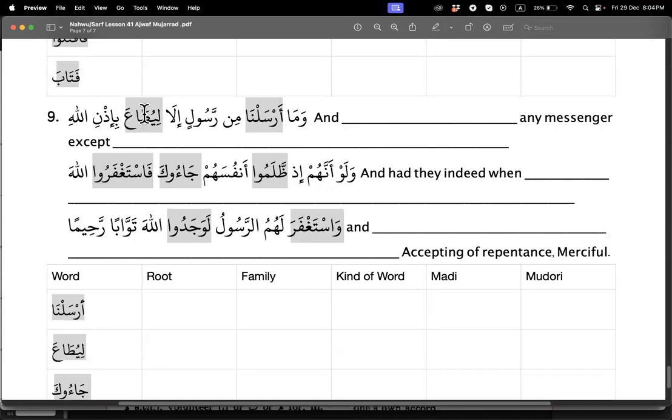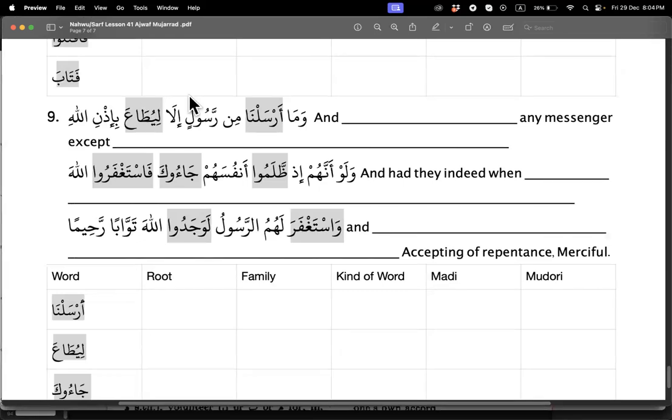Okay, so huwa, right? You said the na'ib al-fa'il is huwa. Huwa is going back to whom?